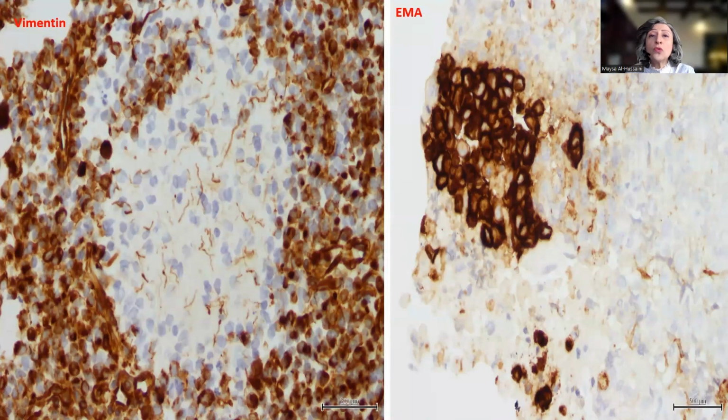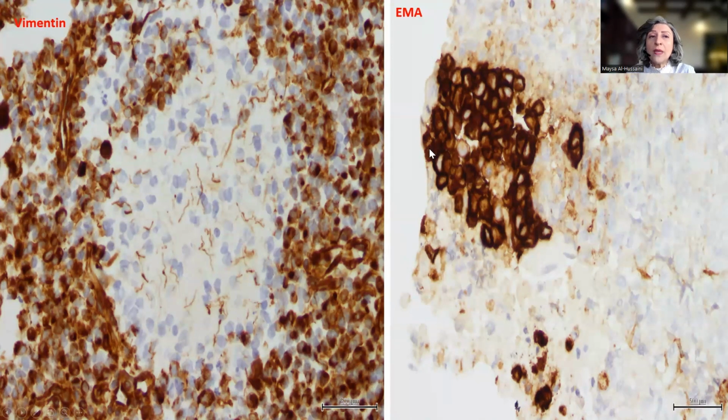Now, if you do not have INI1 in your lab, one way to render the diagnosis of ATRT is a combination of stains. Vimentin, which tends to stain the cells, especially with a globule or cytoplasmic inclusion in the tumor cells, and EMA, which tends to stain groups of tumor cells strongly and very brightly.